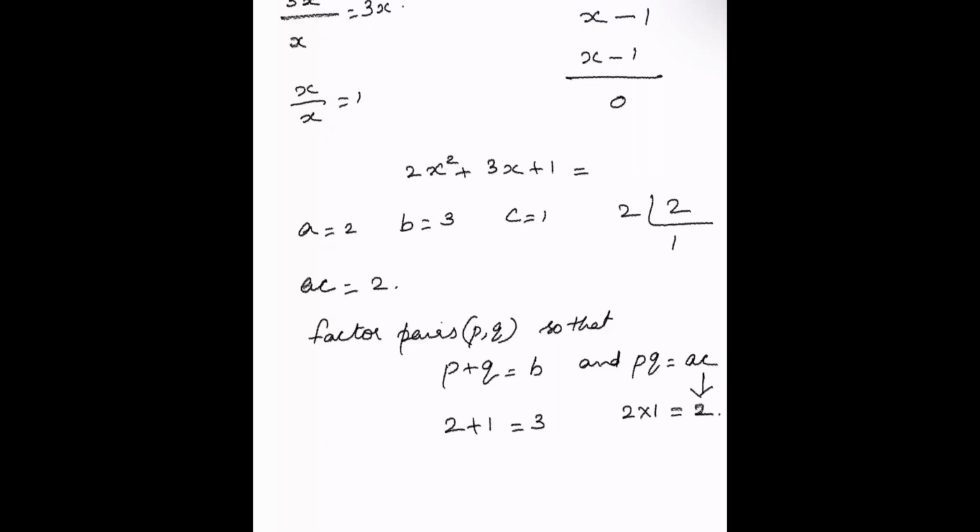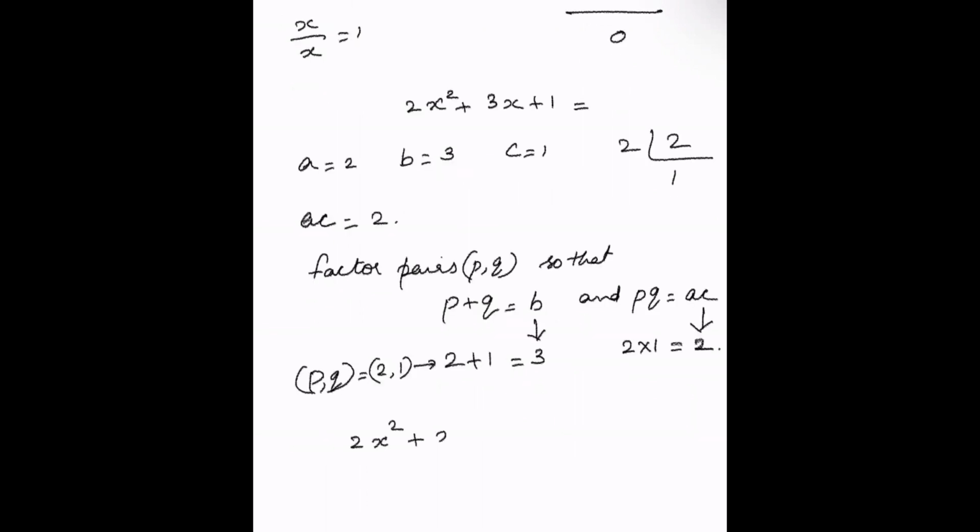So this is AC and this is my B. That condition is satisfied. So I'll write 2x square plus 2x plus x plus 1.